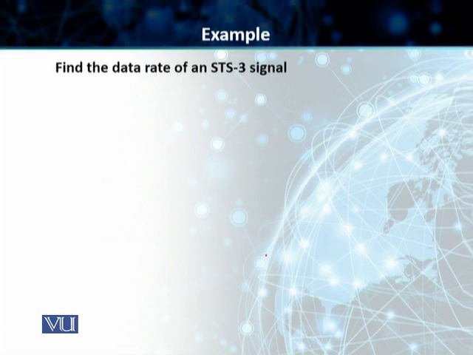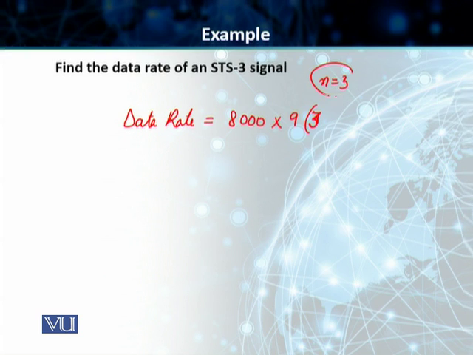Students, very quickly, doing the same calculation for an STS-3 signal, we get the data rate as 8,000, multiplied by 9 bytes, and for STS-3, n is equal to 3, multiplied by 90 bytes, and this comes out to be 155.52 megabits per second.